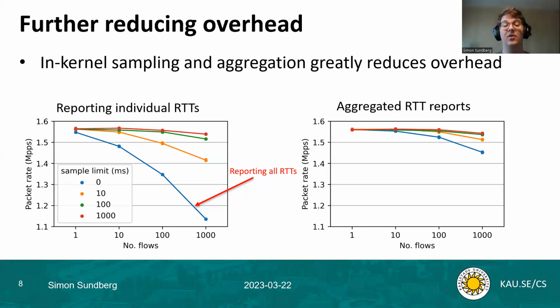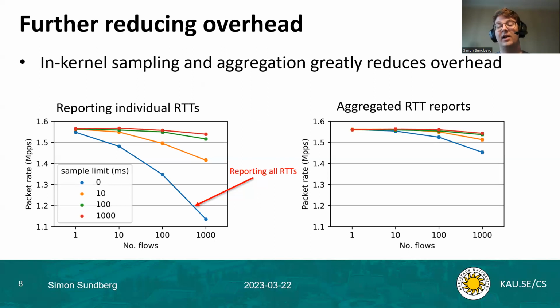Now, doing this sampling, of course, means that we lose some granularity in our measurements. So we also looked at doing some in-kernel aggregation, where instead of reporting every single value to the user space, we aggregated the RTTs into a histogram and then only periodically reported this histogram.